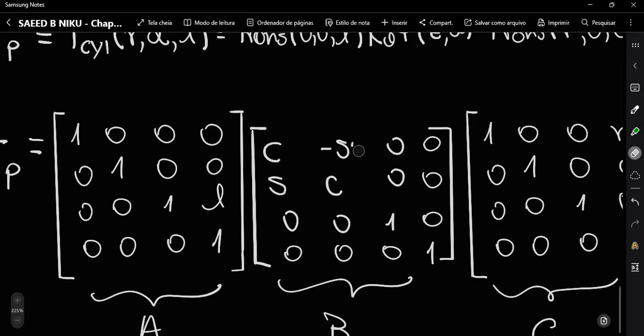Right here, I placed theta. I did not place theta. It comes together when I copy, this is derived from the characteristic rotation matrix about the z-axis.